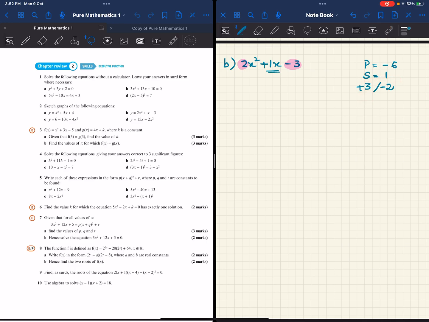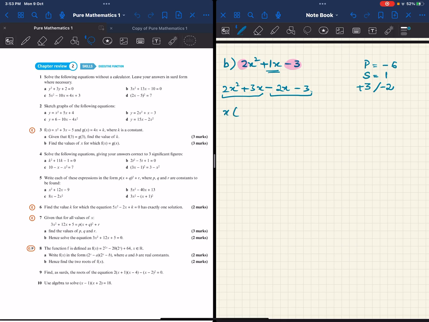So let's split the middle term, 1x, into 3x minus 2x. So we have 2x squared plus 3x minus 2x minus 3. Removing common factors from the first two terms and from the last two: 2 is not common, just x is common.